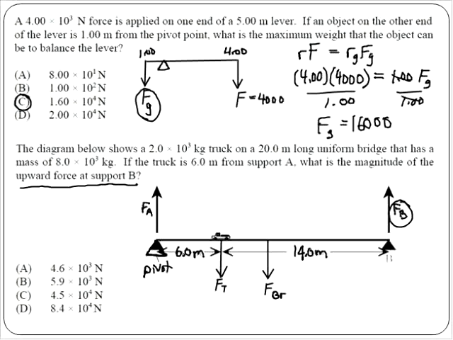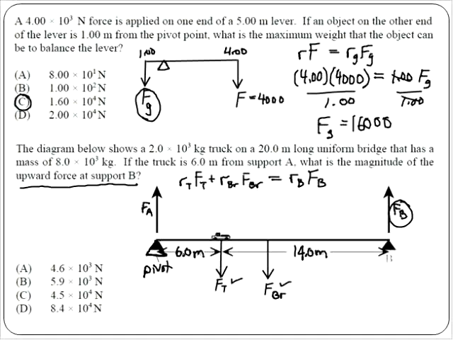So if we do that, that would make Ft and F bridge your clockwise torques. Your clockwise torques. So RT, Ft plus R bridge, F bridge, would have to equal, the only other force is FB, so I'd say RB, FB.